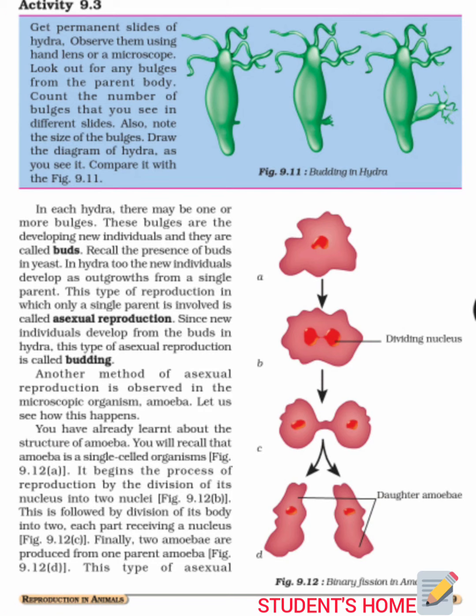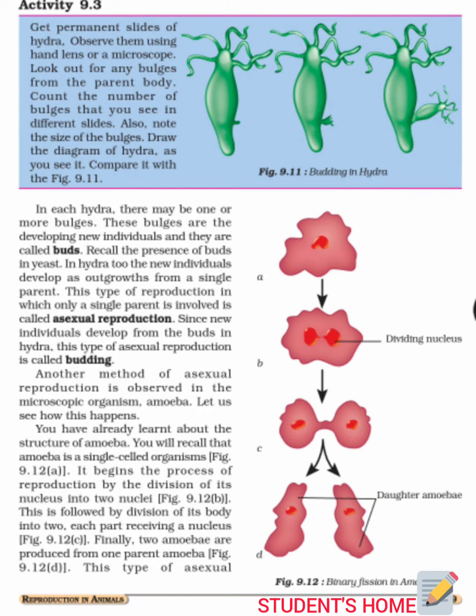Recall the presence of buds in yeast. In hydra too, the new individuals develop as outgrowth from a single parent. This type of reproduction in which only a single parent is involved is called asexual reproduction. Since new individuals develop from the buds in hydra, this type of asexual reproduction is called budding.